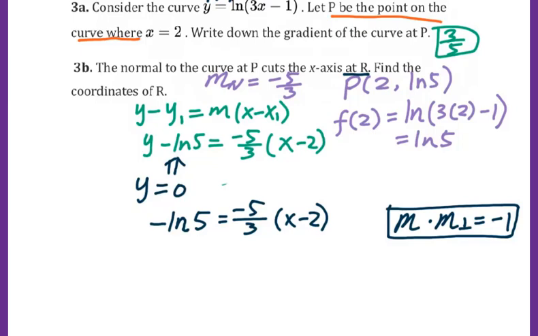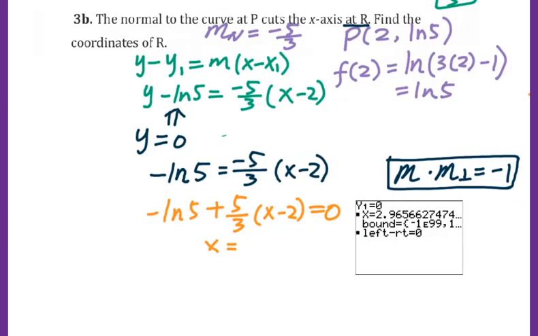Before you put it into the equation solver, remember to get it equal to 0. You will get negative natural log of 5 plus 5 over 3 times x minus 2 equal to 0. Then using the equation solver, you will get x equals 2.97.